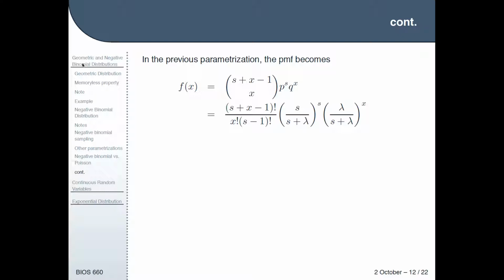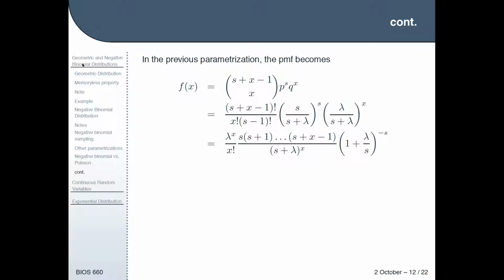(S minus 1)!, times (S over S plus lambda) to the S power times (lambda over S plus lambda) to the X power, which of course we can write as lambda^X over X! times this piece here times (1 plus lambda over S) to the minus S power.